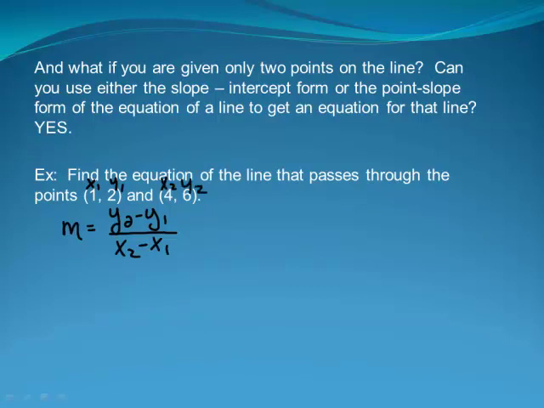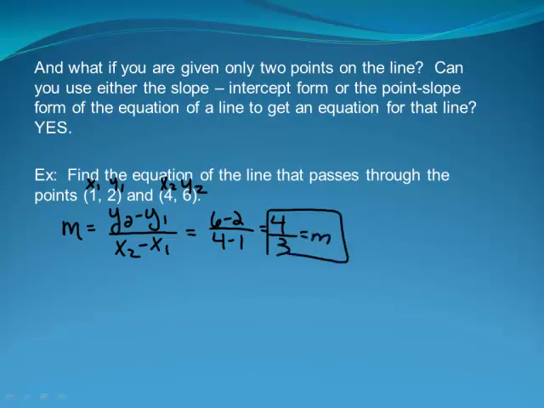It doesn't matter which point is which. Plug those values in as I have them labeled. Y2 minus y1 would be 6 minus 2. X2 minus x1 is 4 minus 1. 6 minus 2 is 4. 4 minus 1 is 3. And we now know our slope.